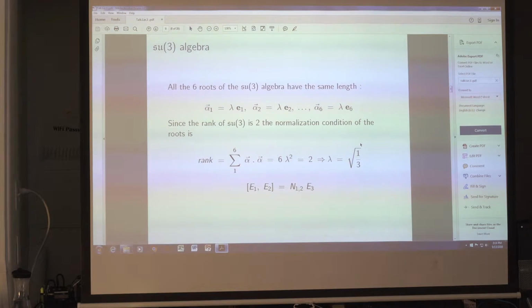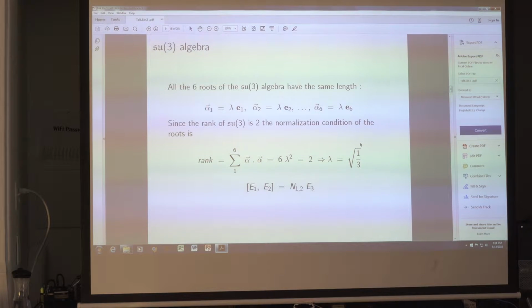So let's look at, for example, the commutators associated with root number 1 and root number 2. So it's this numerical coefficient. And remember, root vector 1 plus root vector 2, you have 1 plus 2 is 3.